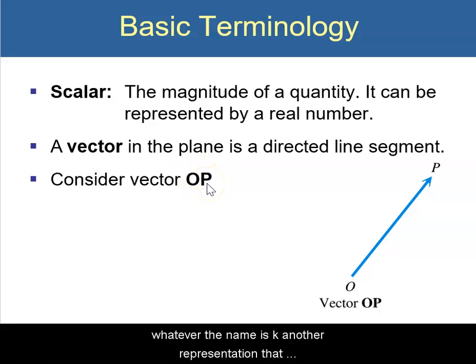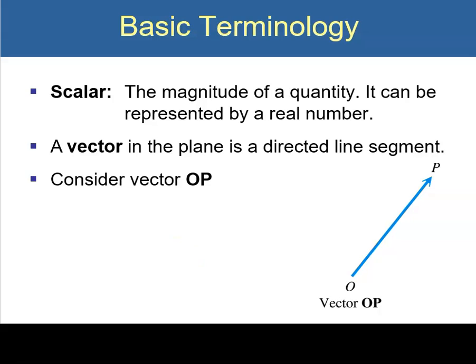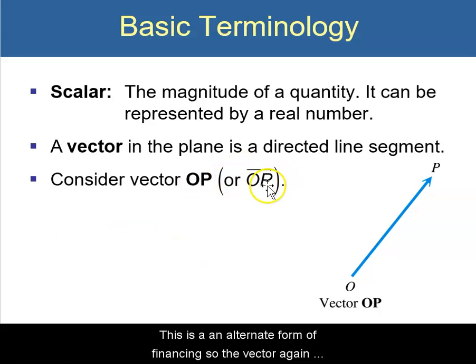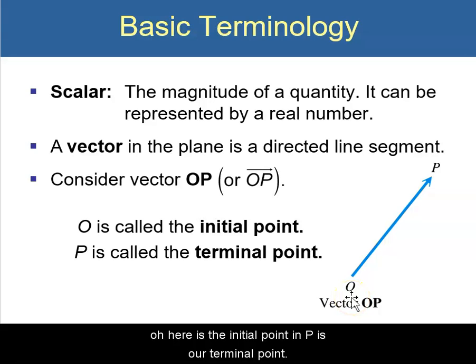Another representation is to use the same name but with an arrow over it. This is an alternate form of writing the same sort of vector. So again, O here is the initial point and P is our terminal point.